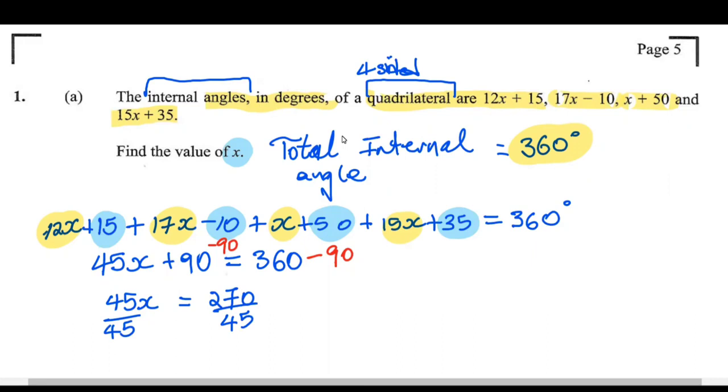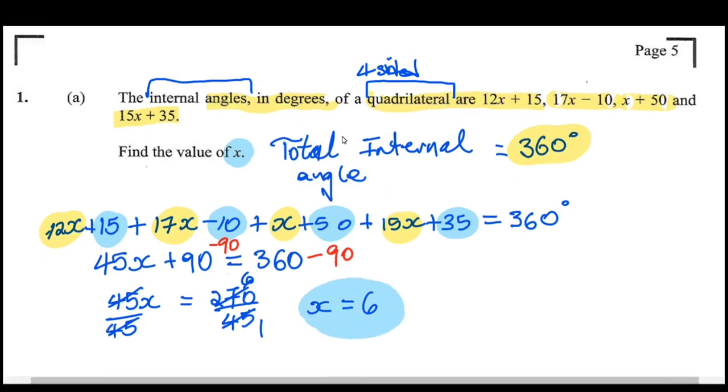When we divide everything by 45, we end up getting 6, which means that the value of x is equal to 6. Conclusion, x is equal to 6 right there.